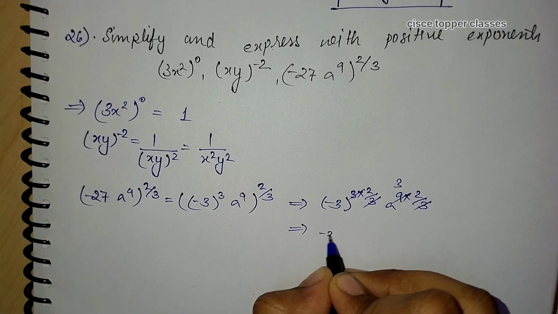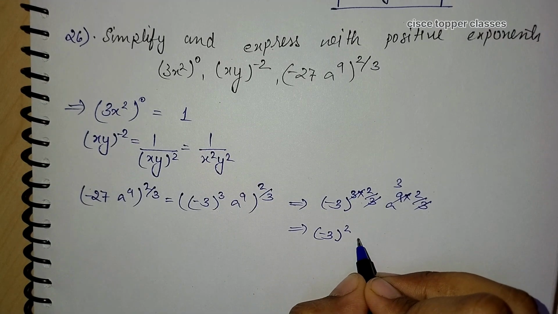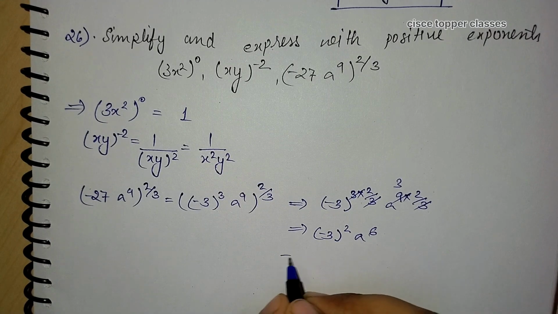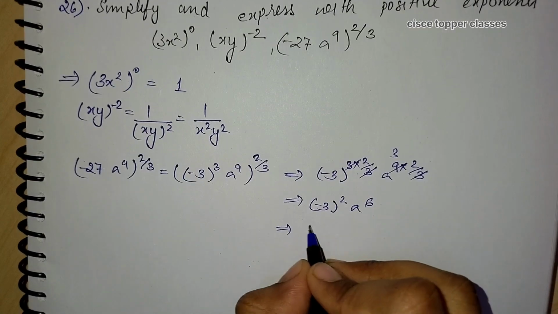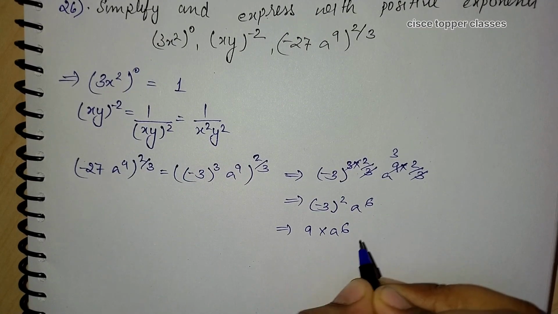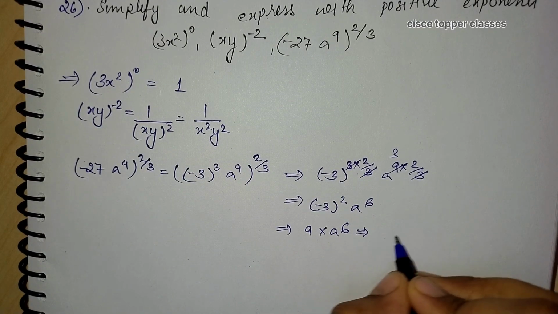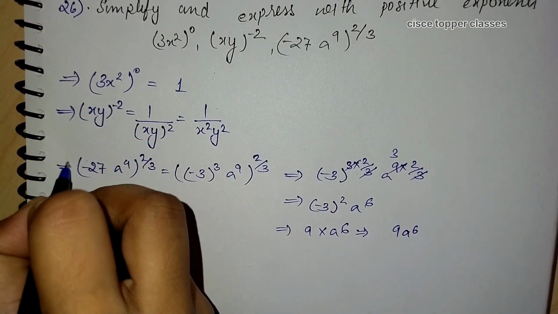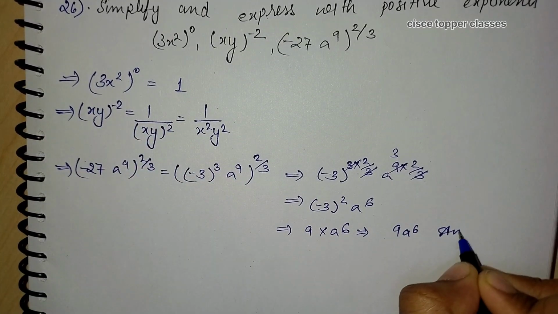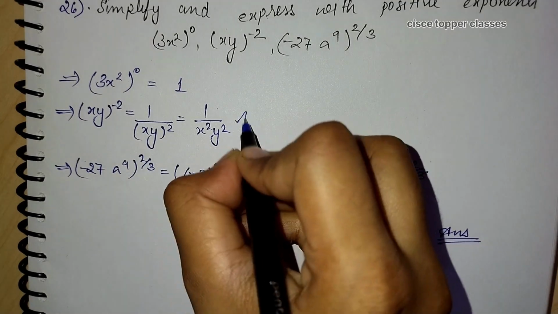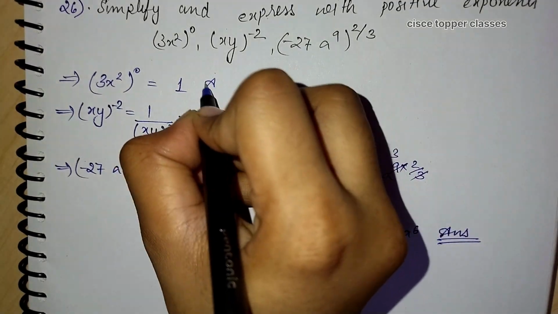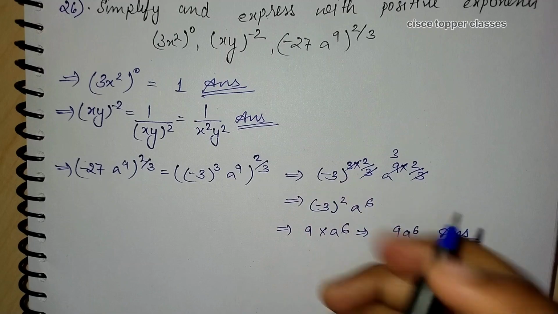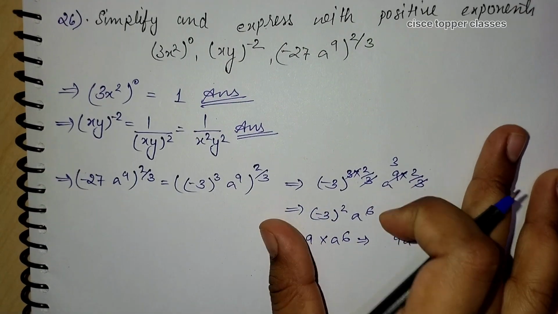So it will be (-3) to the power 2 and a to the power 6. From here we get 9 into a to the power 6. So 9a^6 is the answer of the third part. So these are the answers: 1, 1 by x square y square, and 9a^6. These are the answers of the 26th question.